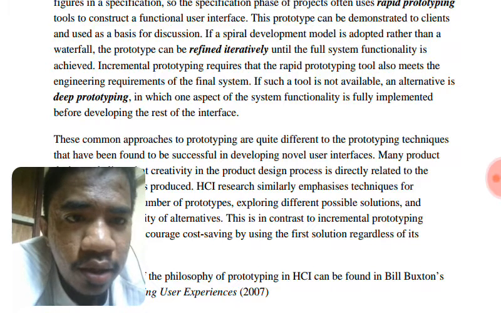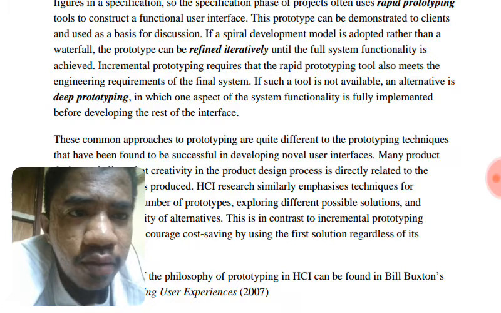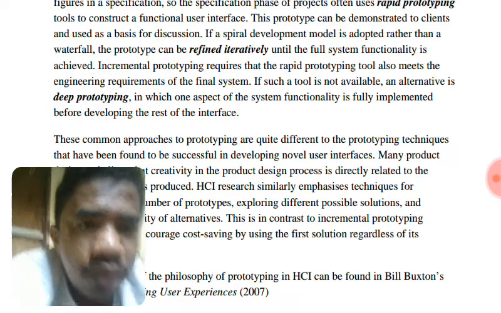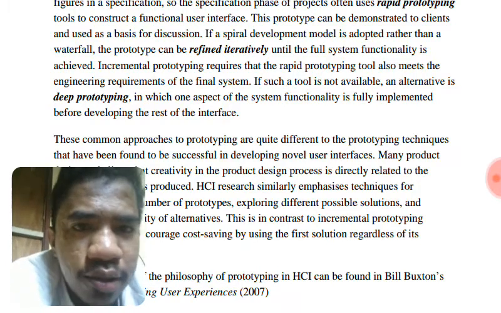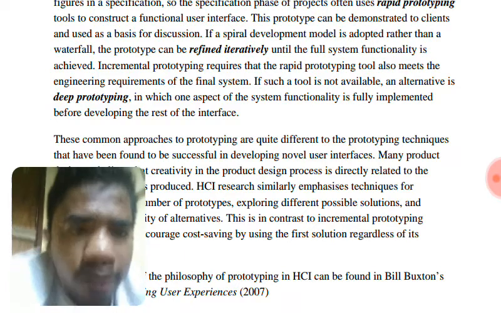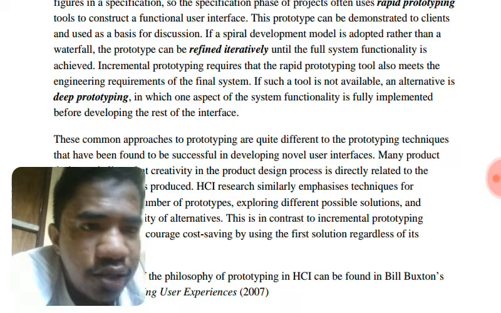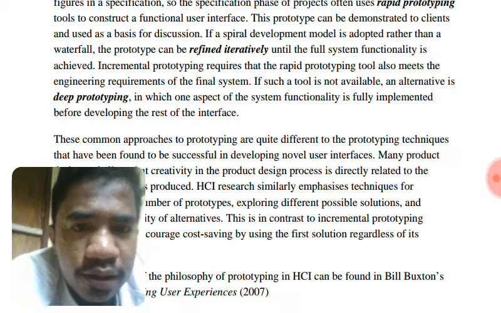Incremental prototyping requires that the rapid prototyping tool also meet the engineering requirements of the final system. If such a tool is not available, an alternative is deep prototyping, in which one aspect of the system functionality is fully implemented before developing the rest of the interface.